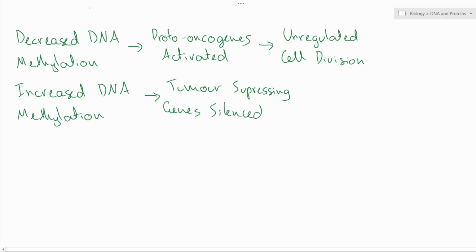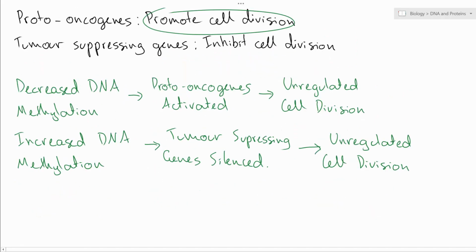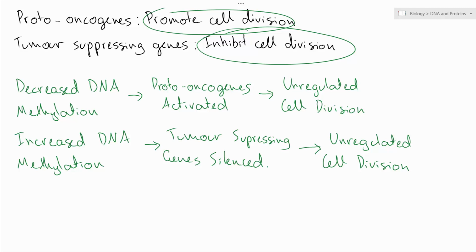So if methyl groups are added to the cytosine bases in tumor suppressing genes, it's going to mean that those genes are silenced, which can also lead to unregulated cell division. Remember, tumor suppressing genes are trying to inhibit cell division. So if these genes aren't made, then they aren't able to inhibit cell division, so we could be at risk of too much cell division occurring, leading to unregulated cell division.